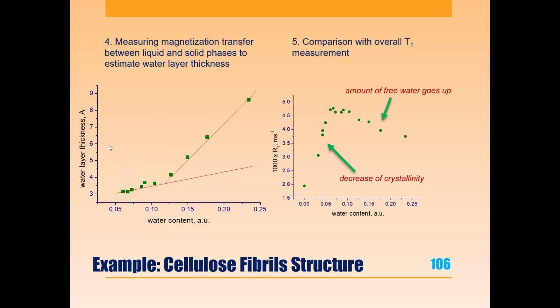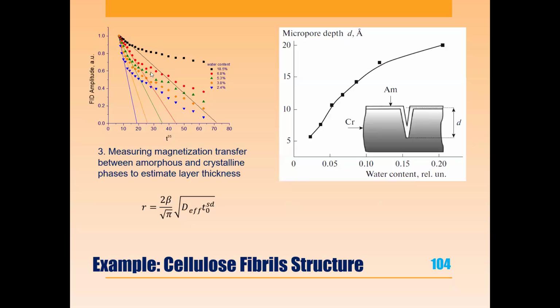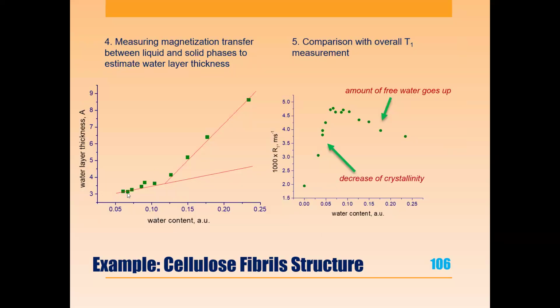Then we have lots of different data, and now we are plotting water layer thickness against the water content. Water layer thickness was measured with the same sequence, but with different parameters between pulses. So we were able to measure not the thickness of the amorphous layer, but the thickness of water that is adsorbed on the layer. Of course, at 5% or lower, there is no monolayer of water.